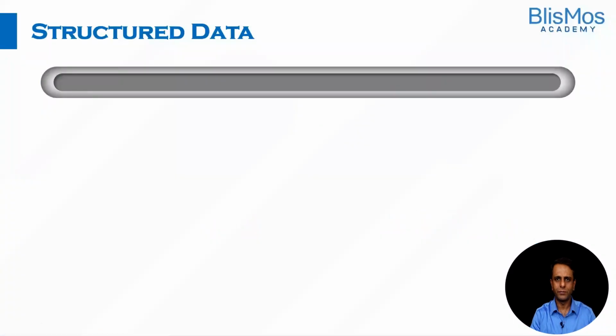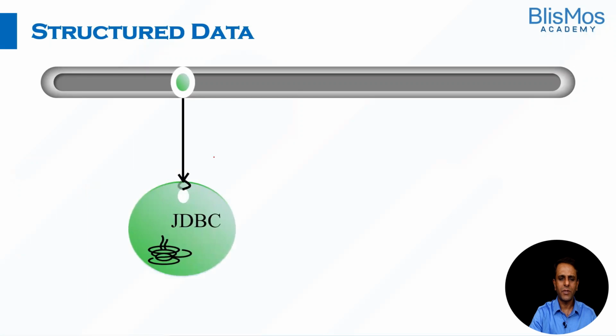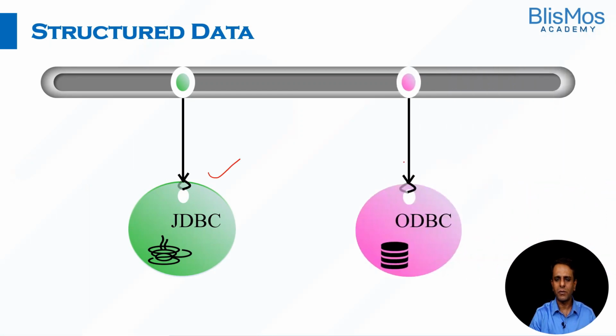As we understood, Spark allows us to read the data from any database which has a JDBC connectivity and also any database which has an ODBC connectivity. Just to give you an overview, why do we really need JDBC and ODBC connectors?